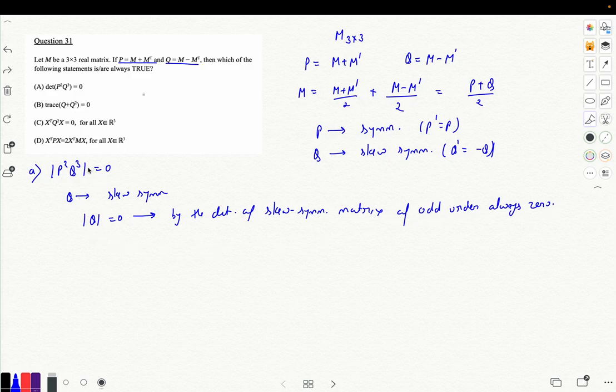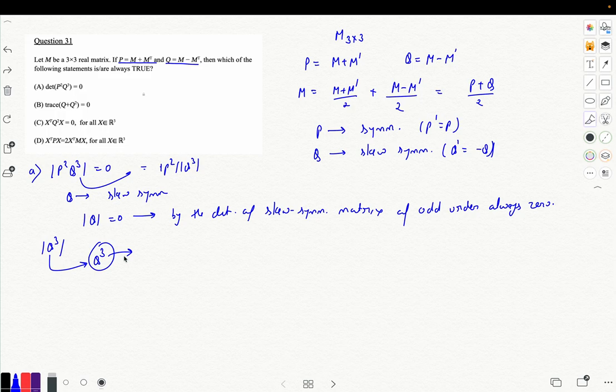Now what do we have? Firstly, this thing can be written as determinant of P square into determinant of Q cube. We know that the determinant of Q is going to be 0 because it's an odd order matrix. And we need to check what the determinant of Q cube would be. For that, you can check whether Q cube is a skew symmetric matrix.